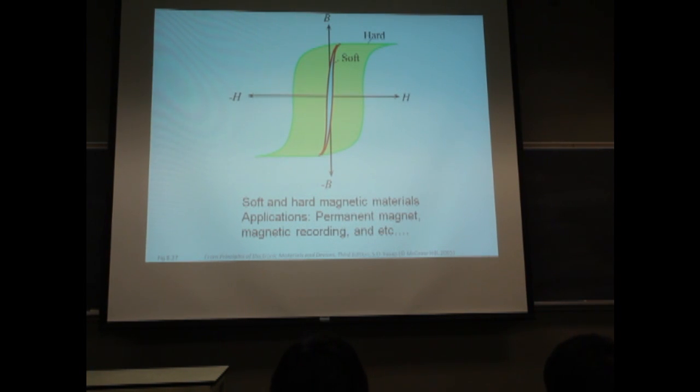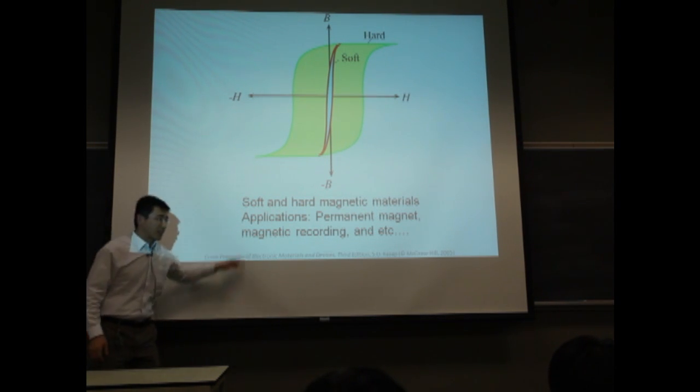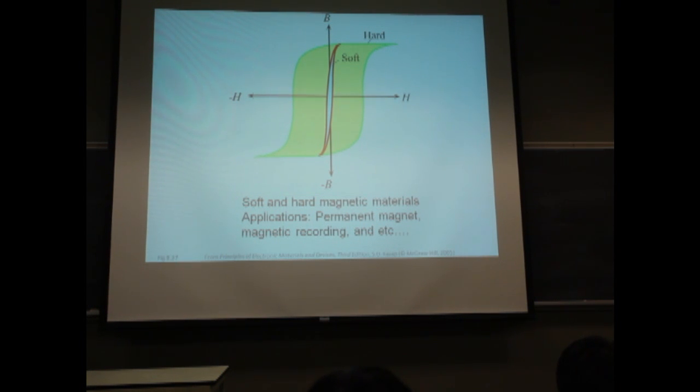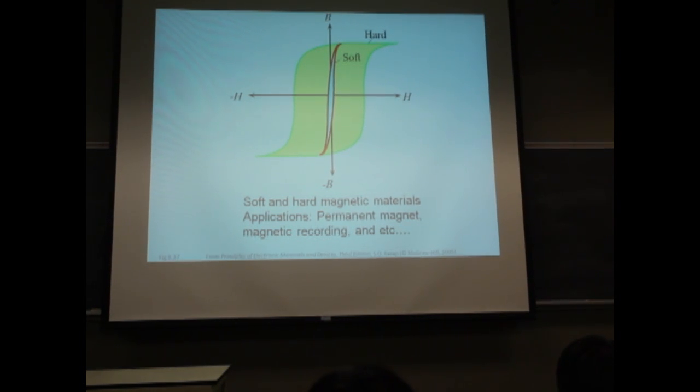Based on the different HC, we classify magnetic materials into hard magnetic material and soft magnetic material. The difference is HC. Hard magnetic material has a high HC. Soft magnetic material has a smaller HC. That means hard magnetic material is hard to magnetize or demagnetize, while soft material is easy to magnetize or demagnetize.